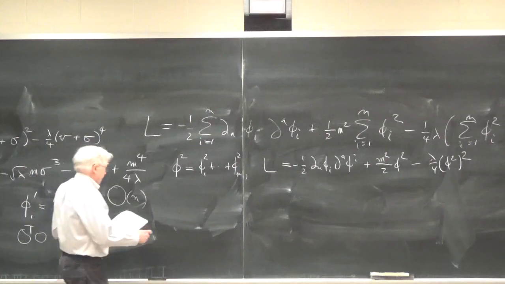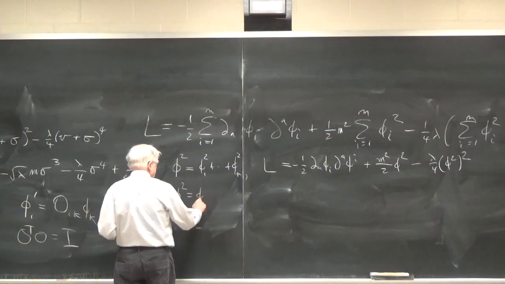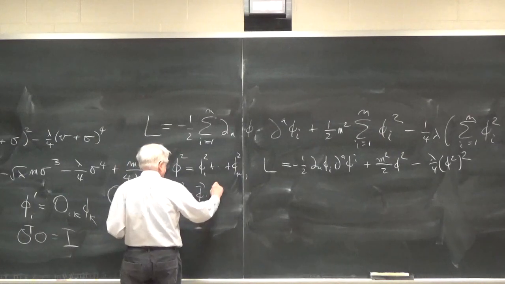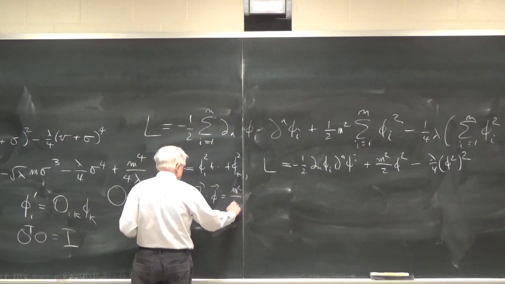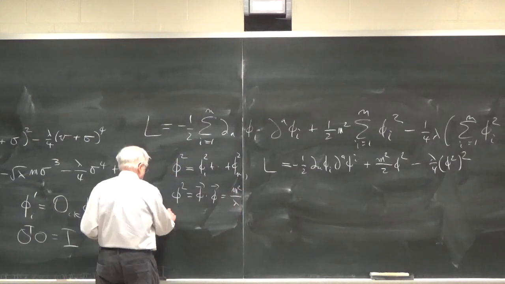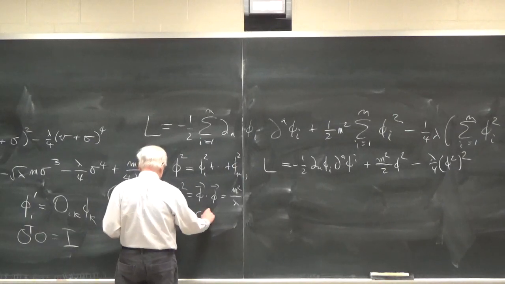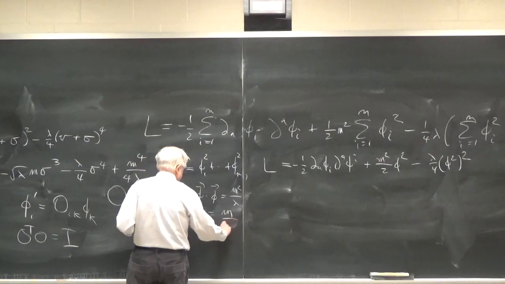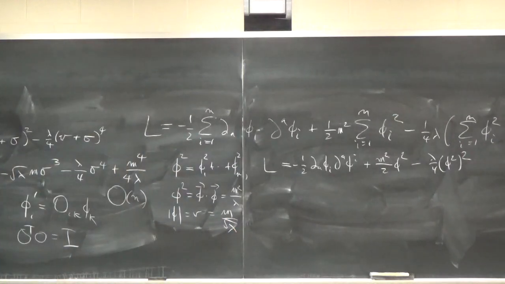The minima of this are the points on the sphere phi squared equal to phi dot phi, which is m squared over lambda, where the length of phi, which I'm going to call v, is m over square root of lambda. So it's very much the same as the one-dimensional model.